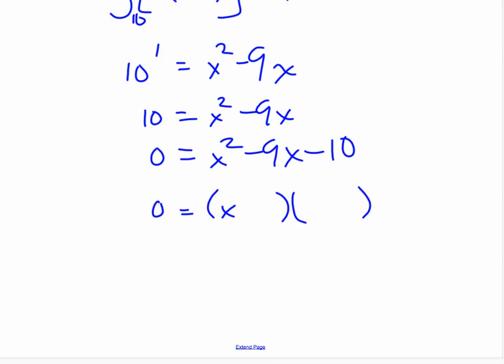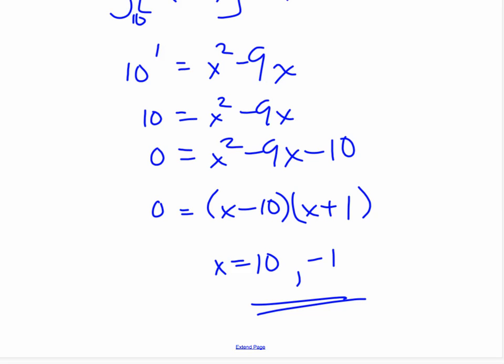I'm thinking x minus 10, x plus 1. That's what I'm thinking. Yeah, that's correct. So by the 0 property, this times this equals 0, so one of them has to be 0. So x minus 10 is equal to 0, or x is 10, and x is a minus 1.